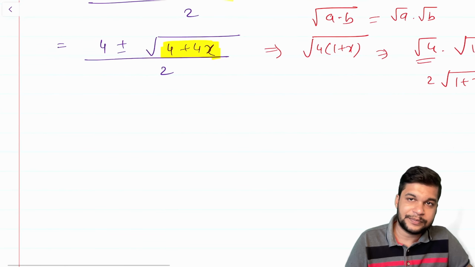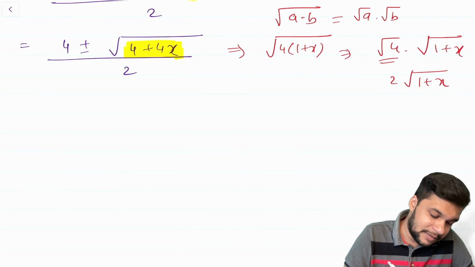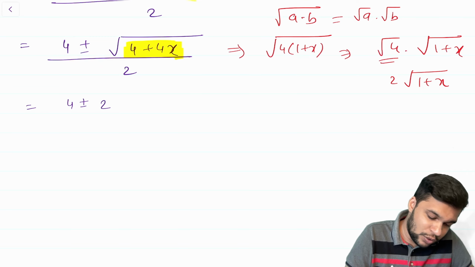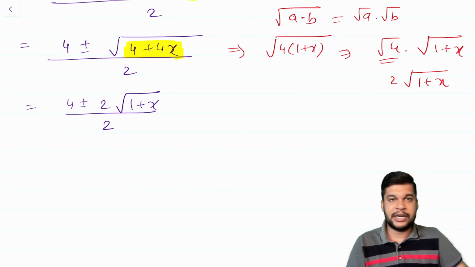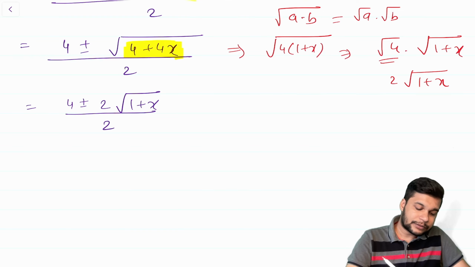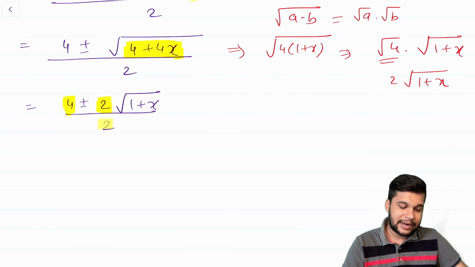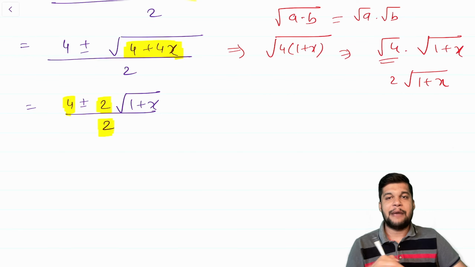So this becomes 4 plus minus 2 times square root of 1 plus x, divided by 2. Now guys, if you observe, both the terms in the numerator can be divided by 2. So let's divide.